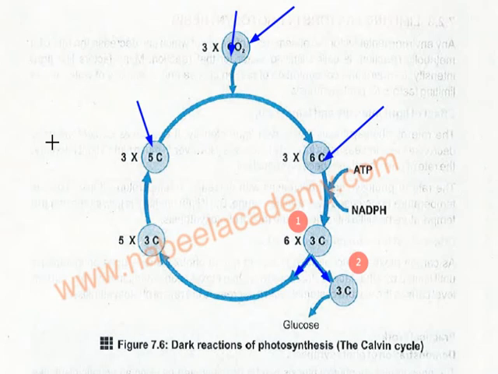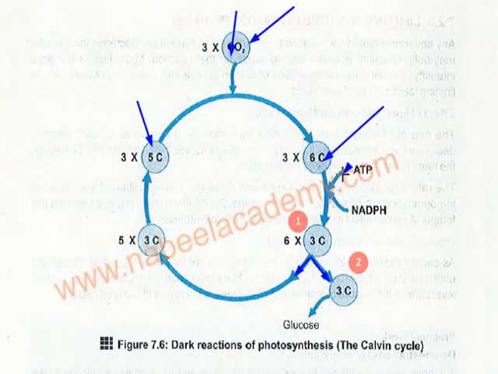Now the first point is complete. The second point in your textbook is the 3 carbon compounds are reduced to 3 carbon carbohydrates. How? Now please remember, if you draw wrong arrows, your marks will be cut. Now look at the arrows.